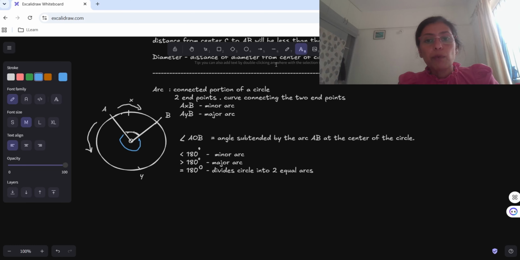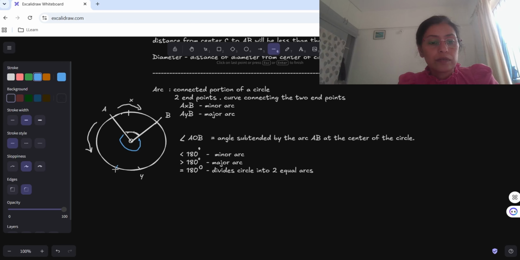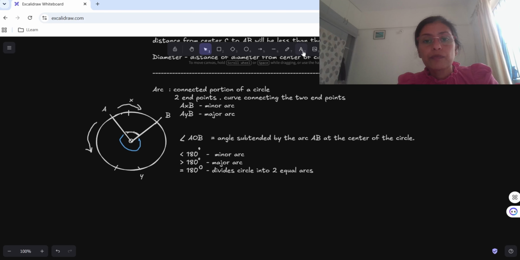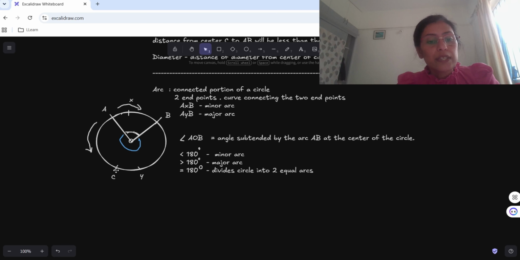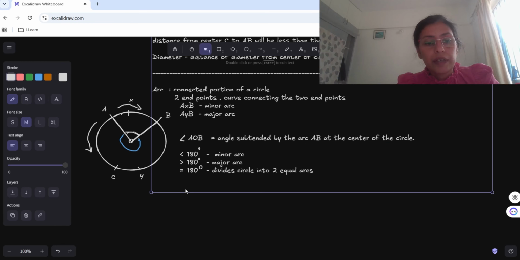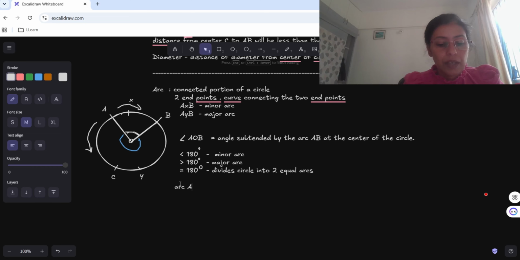Now, I take a point here. This point is point C. Now here I'm talking about the arc AXB. Point C does not fall on this arc AXB.